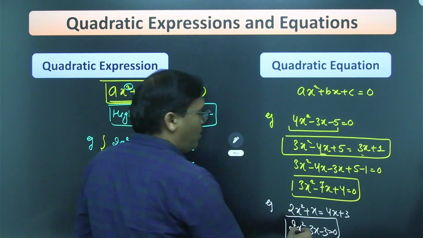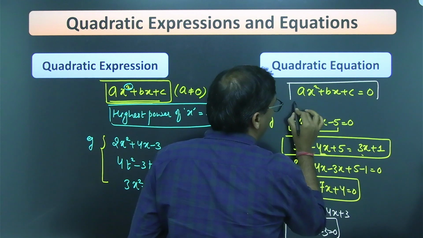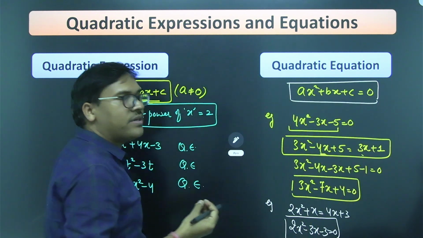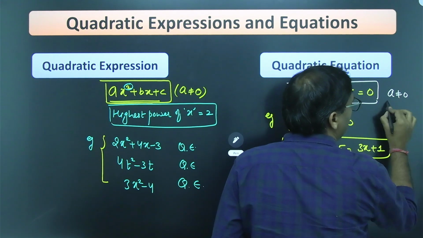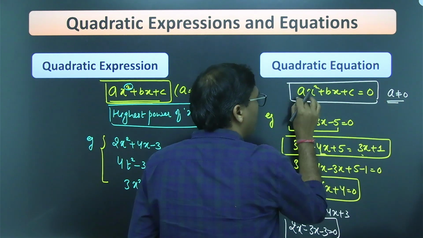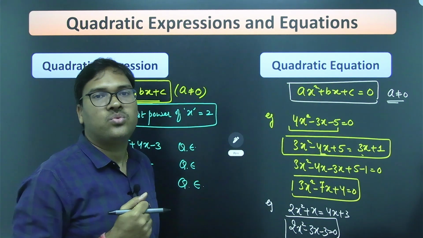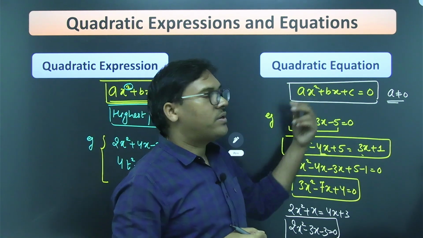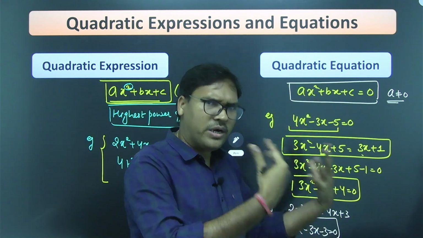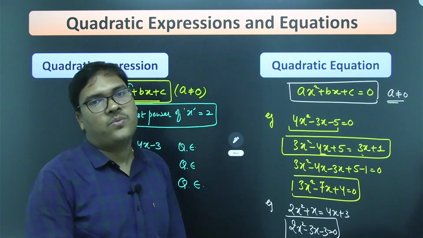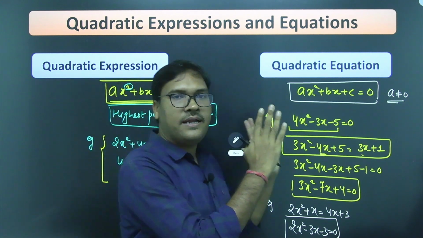So all these types of equations I am converting into this form. Any equation of this form after simplification, where a is not equal to 0, again, a should not be equal to 0 because if a becomes 0, the highest power will not be equal to 2. That is why this is a quadratic equation. So any equation of this form, after simplification or directly, will be called a quadratic equation. This is the difference between an expression and an equation.